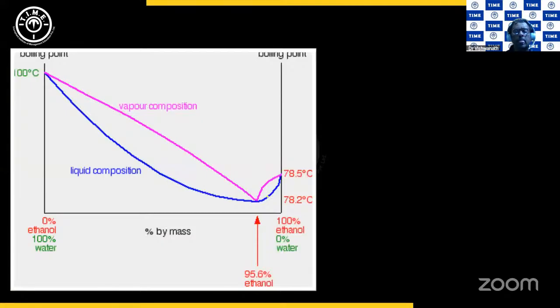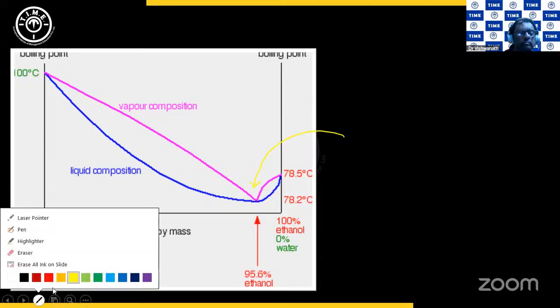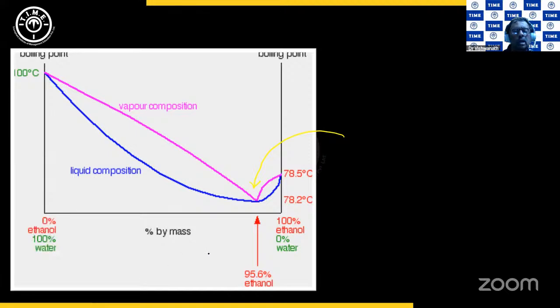Look at this. At this part, what was the thing we mentioned? Here, right? We'll use a different pen. Yeah. Now look at this. This is 95% ethanol. The remaining is water, right?